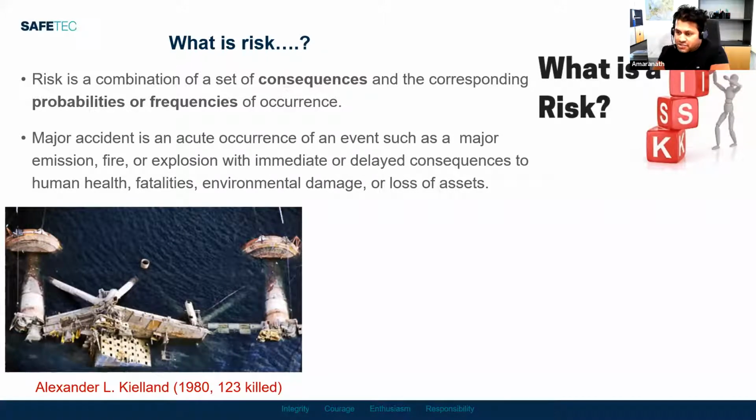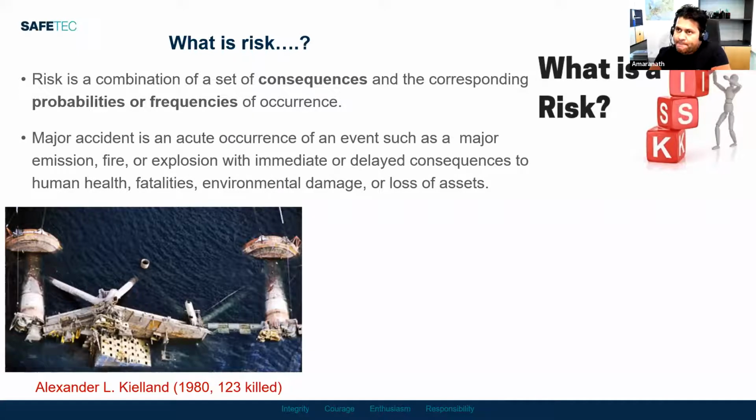Alexander Kielland is one of the major offshore accidents that happened in Norway in 1980, killing 123 people. This was a mobile semi-submersible drilling rig, and during the accident we had 200 people on board.